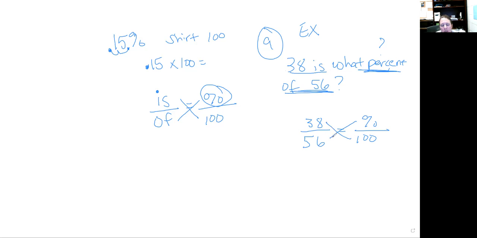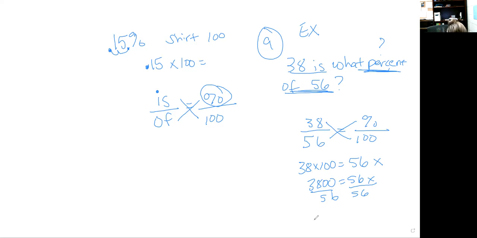We do 38 times 100, which we know is 3,800. So 38 times 100 equals 56 times some number x, right? I'm going to let x be your percent here. And then we know this is 3,800. And then how do I solve for x? Well, these are being multiplied, so to get rid of it, we divide. And so then you can take your calculator and put 3,800 divided by 56.